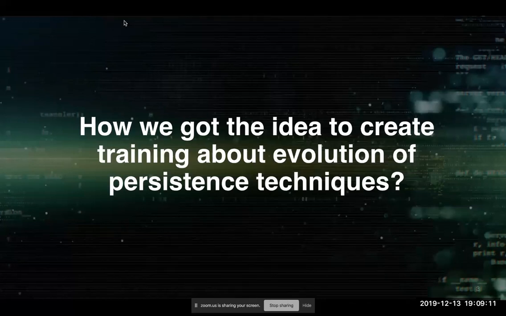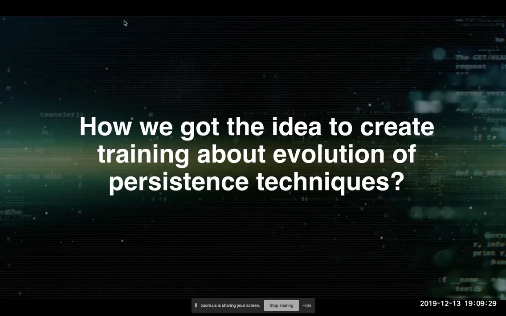So our training tries to fill these gaps, and we start with the boot sequences. We will be talking about the bootloaders on operating systems like Linux and Windows 10, RTM and builds. We will cover a bit of the legacy threats like bootkits and rootkits infecting the master boot record and volume boot record.